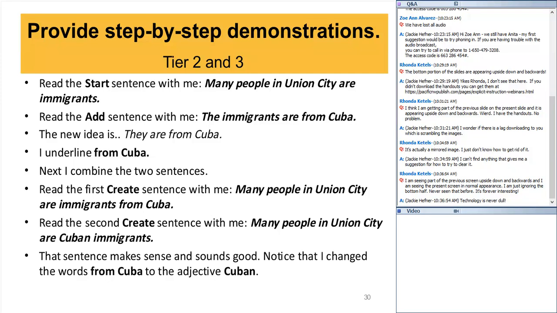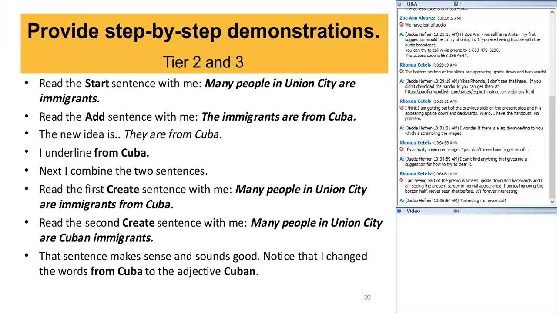And so instead of saying from Cuba, I use the adjective Cuban. Now here, it is an I do it, my turn. But even though it is my turn, I'm showing the kids how to do it, I'm telling them how to do it, but I'm also getting responses from them so that they will be present with me as I am doing it.